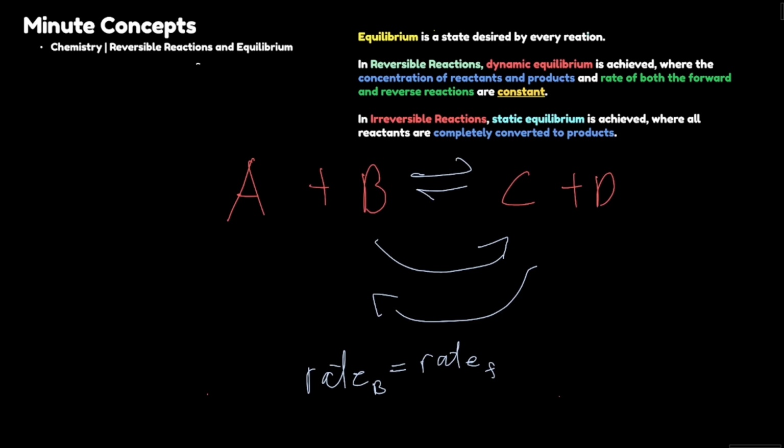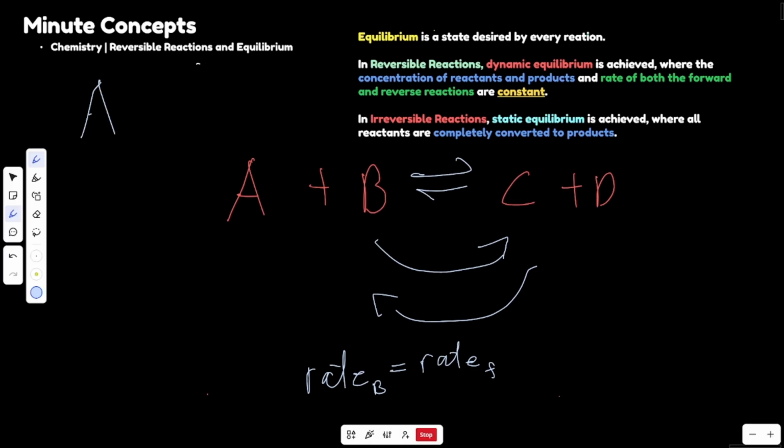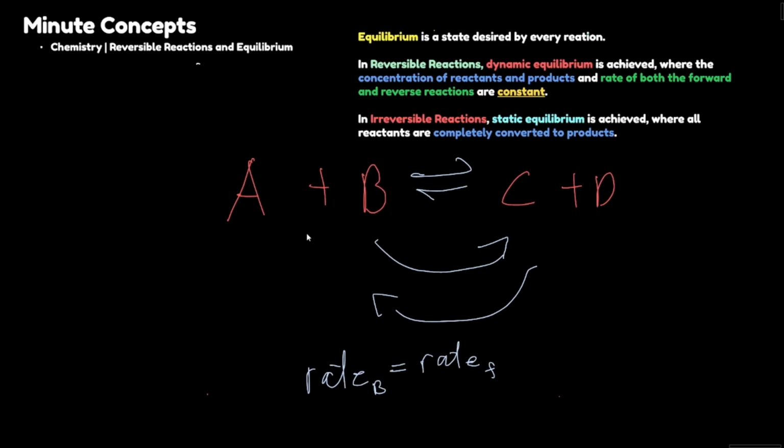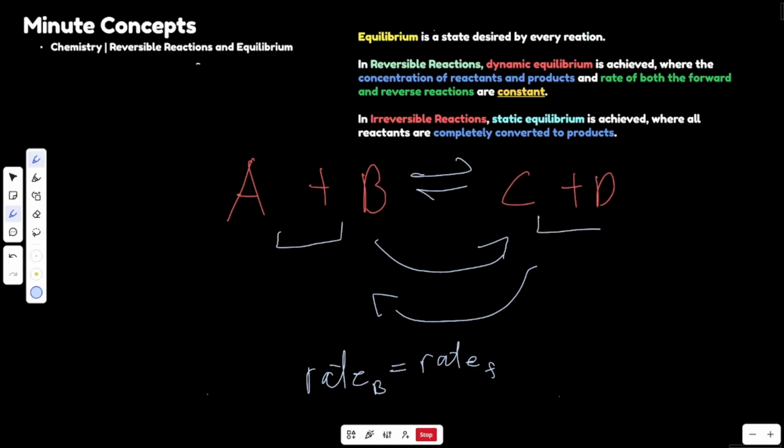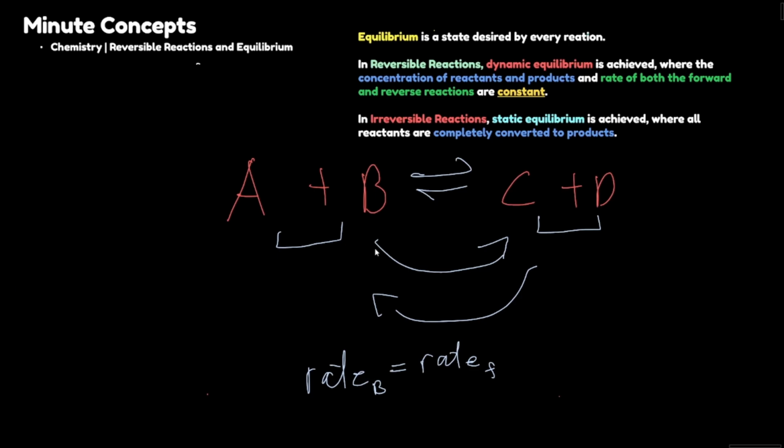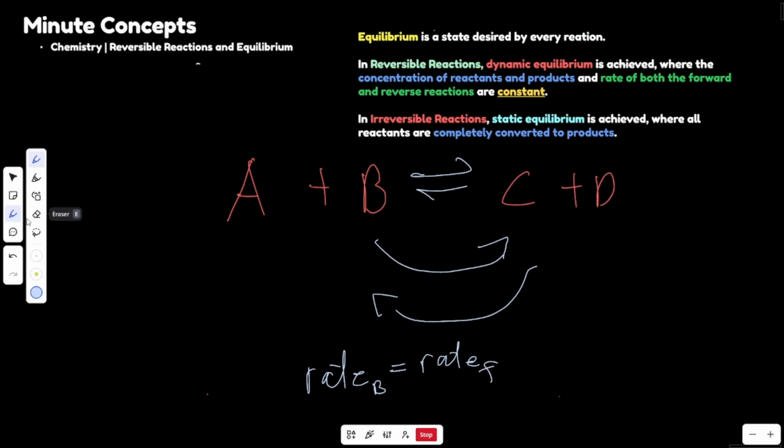Now, what does that mean? So let's say that A plus B will react to form C and D. Now, there will be a point where A and B will no longer turn into C and D, and C and D will no longer go back to convert into A and B. So, where can we see this? In acids and bases, they normally go back and forth.